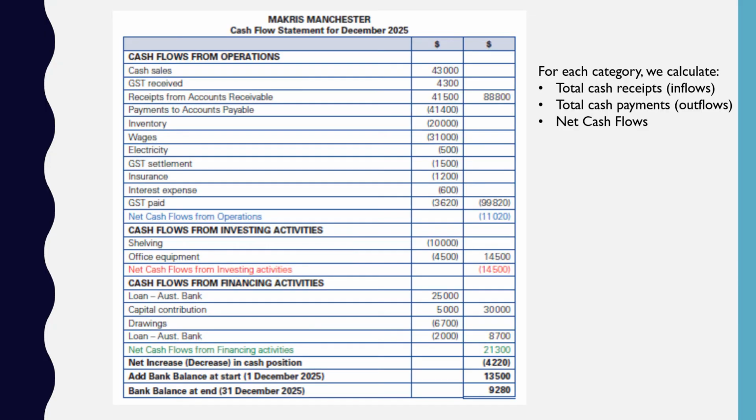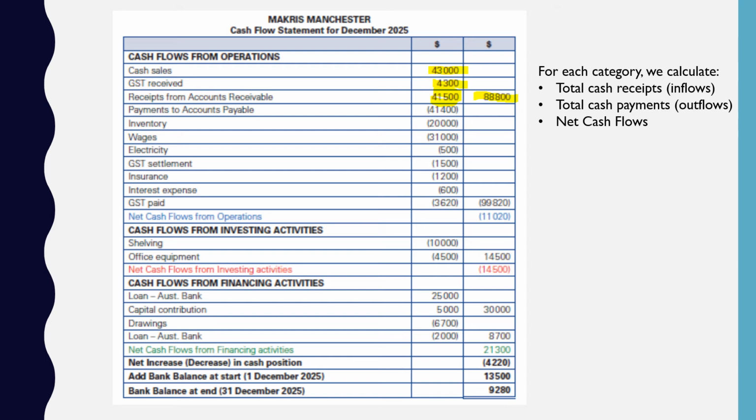For each category, we'll calculate the total cash receipts, total cash payments, and the net cash flow. Let's have a look at the cash flows from operating activities. Here we have cash receipts from cash sales, GST received, and receipts from accounts receivable. We add this up to give us a total cash receipt of $88,800.